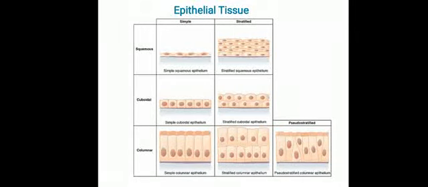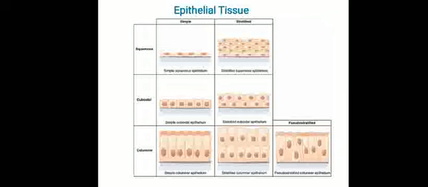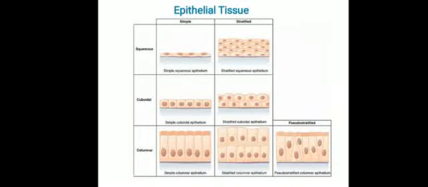So let's now move to epithelial tissues. Epithelial tissue is a type of tissue that lines or covers structures in the body. They are capable of lining, and they are also capable of what? Covering. So epithelial tissue can be classified based on two things.